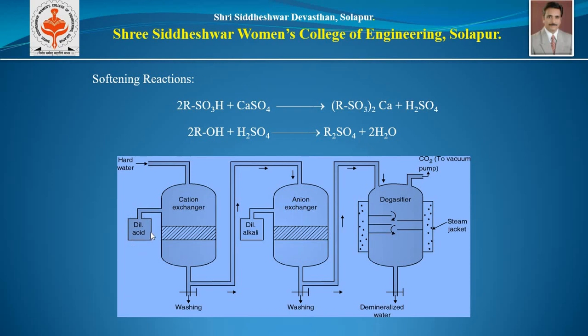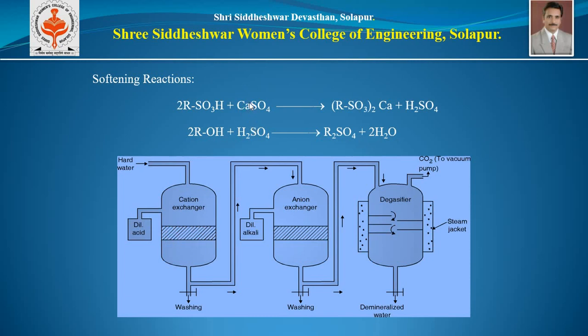Initially, these exchangers are closed. Then, when hard water is passed, the salt present in the hard water, here we have taken the example of calcium sulfate, comes in contact with the cation exchange resin.